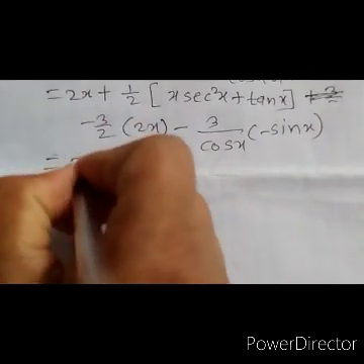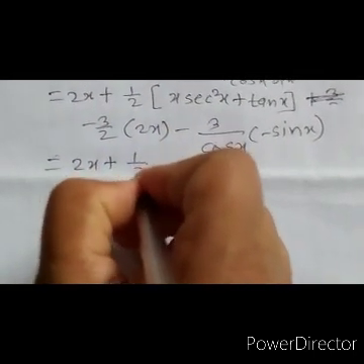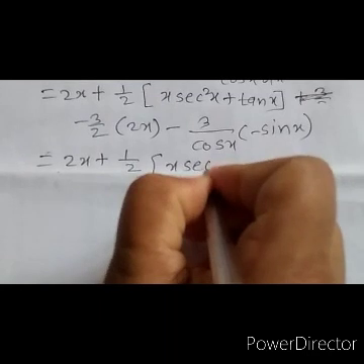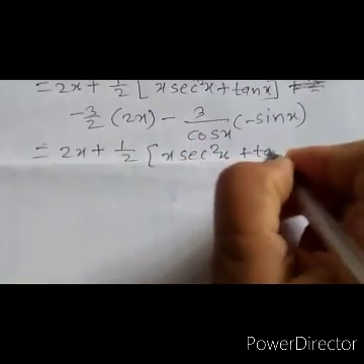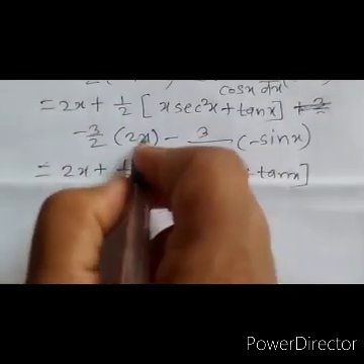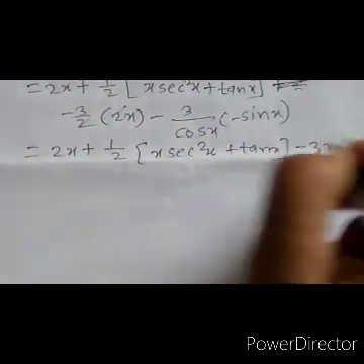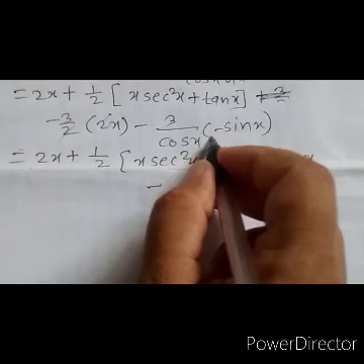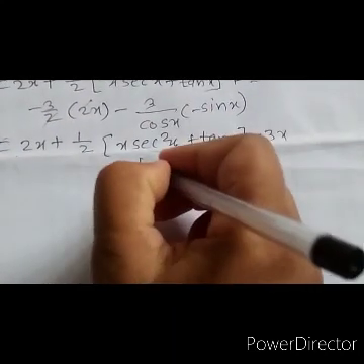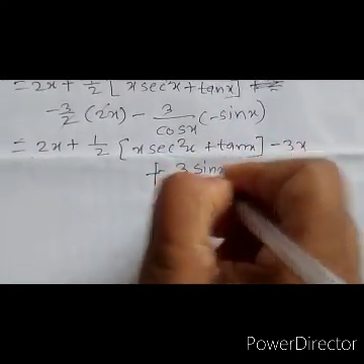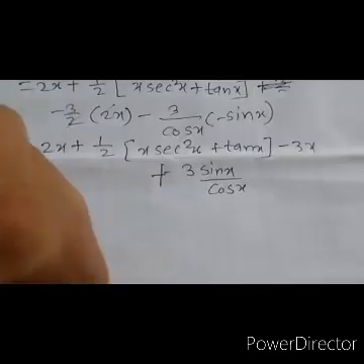Now here we got 2x plus 1 upon 2 in bracket x sec²x plus tan x. Here the 2 upon 2 get cancelled, that is minus 3x, and minus minus plus 3 sin x upon cos x.